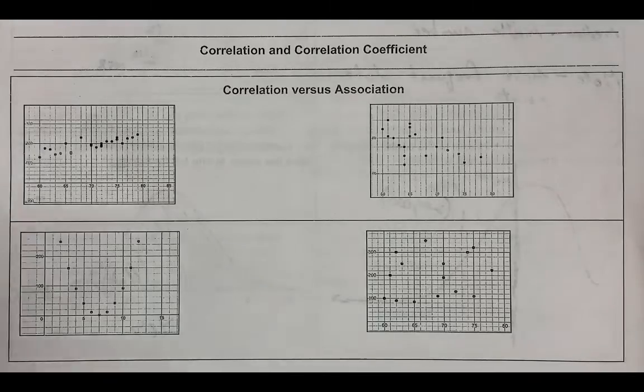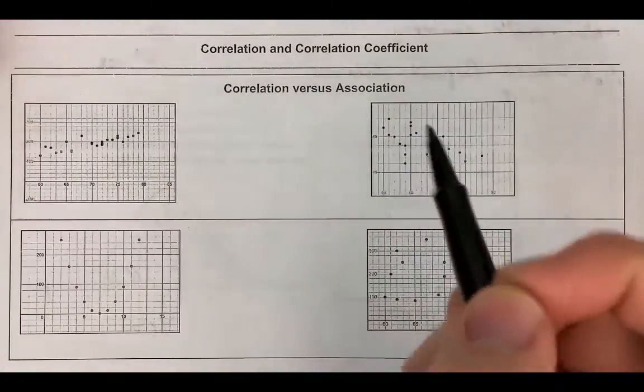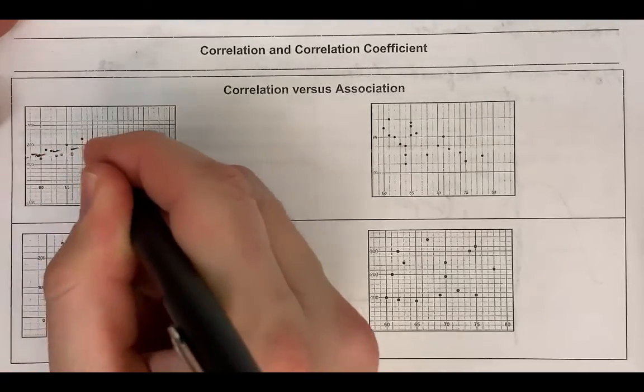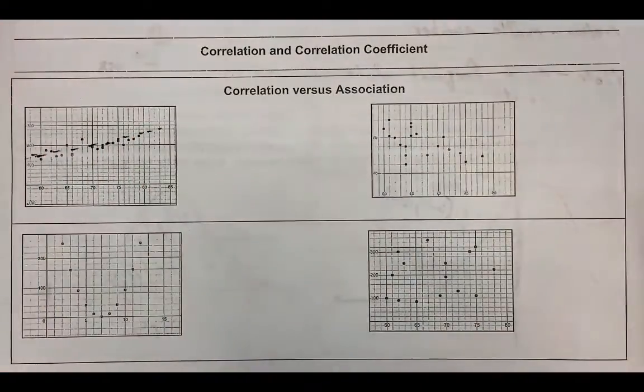This first graph here, you can imagine from your days of Algebra 1, you could draw a line of best fit through here, and that line would fit the data pretty well. The data is not too far away from the line of best fit.